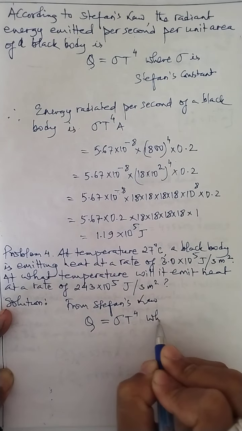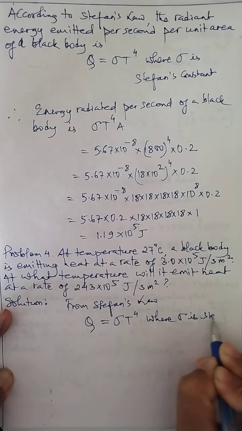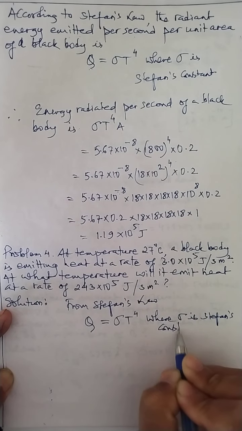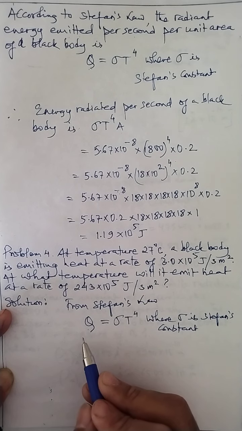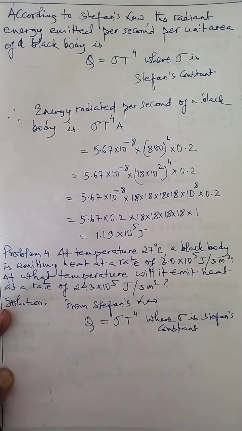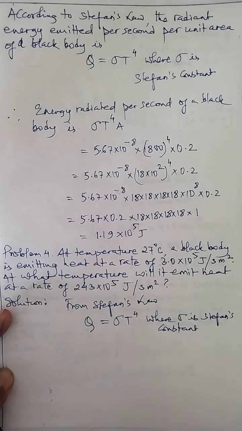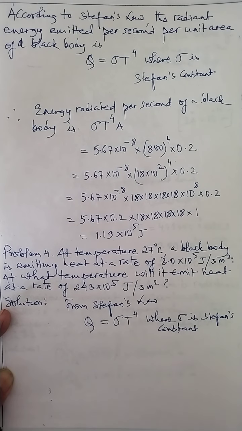And here sigma is called the Stefan constant. Where Q is the amount of heat radiated per unit area per second of a black body, and this is also called the rate at which the heat is radiated from a black body.